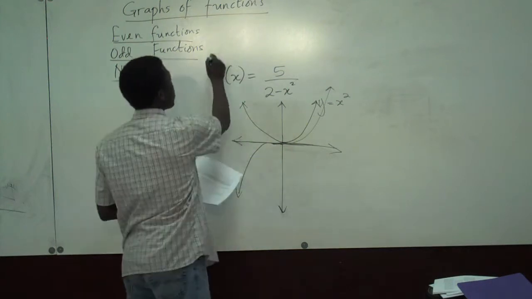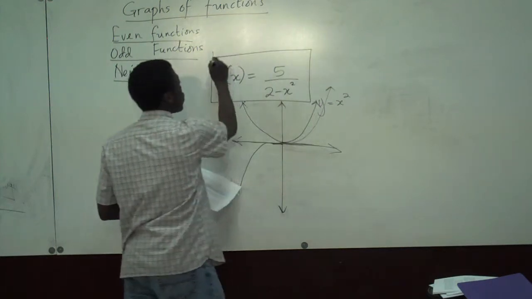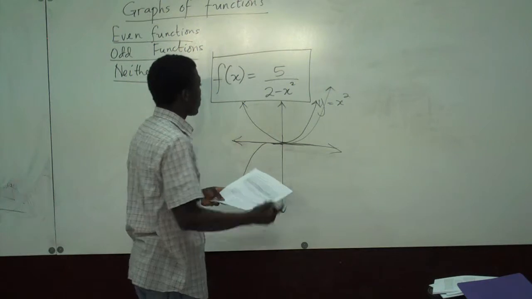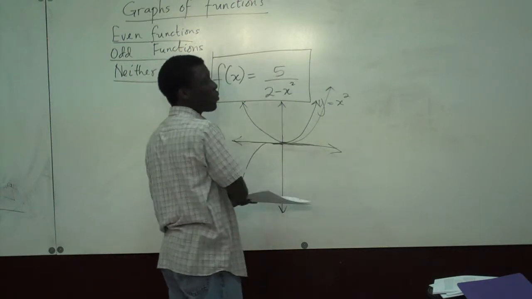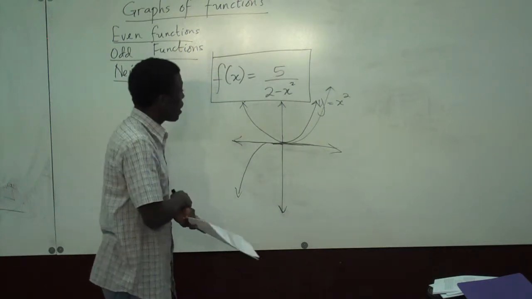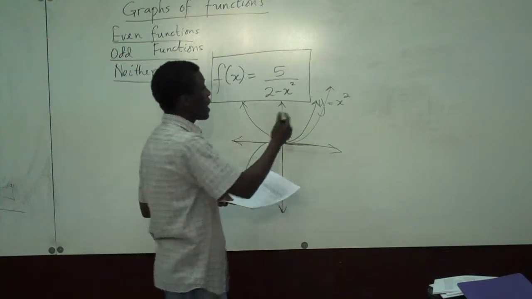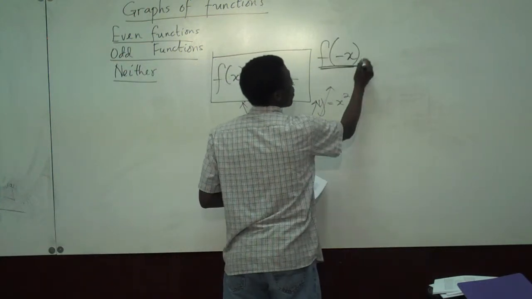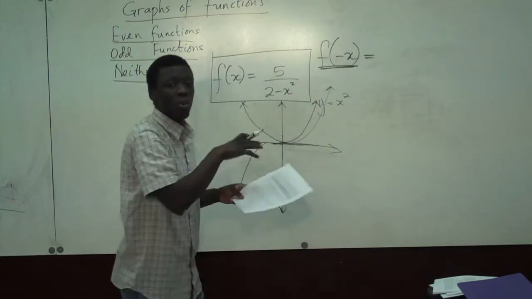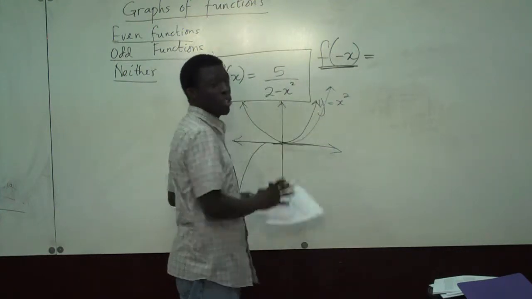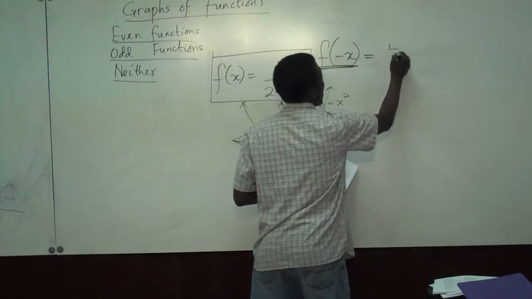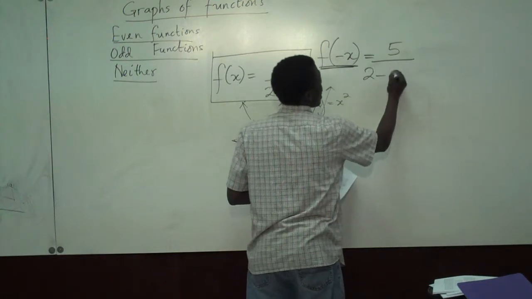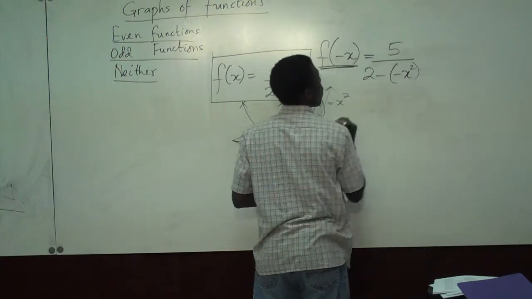One of the problems they ask is: is this function even, odd, or neither? And f of x is 5 over 2 minus x squared. If I want to check if it's even, what I need to do is substitute f of minus x. Basically I put negative x everywhere x occurs in the function. And so that becomes 5 divided by 2 minus negative x squared.